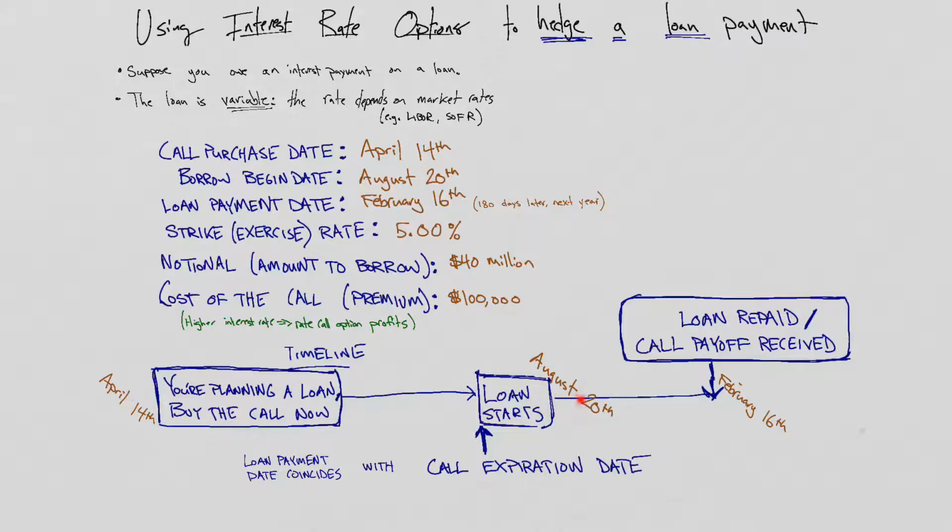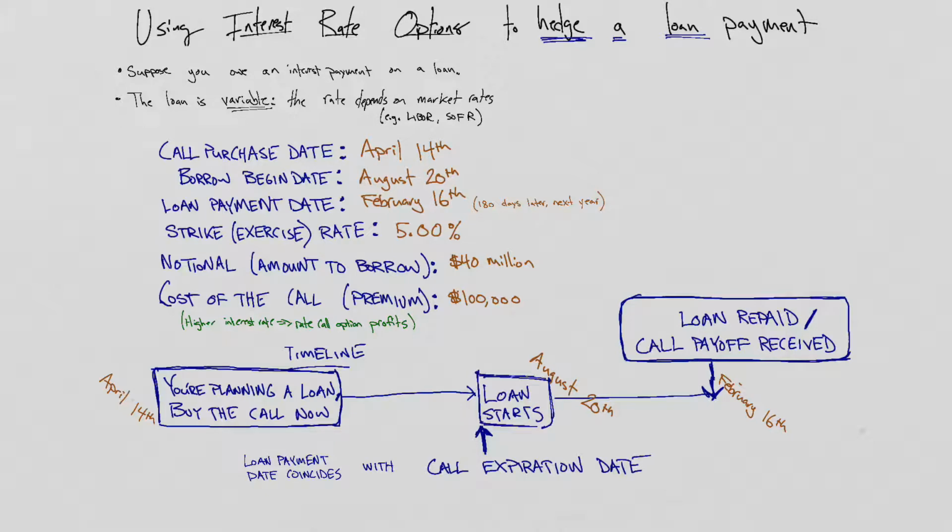And then the loan is due 180 days later, February 16th, and that's when it's paid. That's when you pay off the loan plus the interest. And critically, this is also when you receive the payment from this call option. Another unique feature about interest rate options: you're receiving the payoff later than the expiration date itself.